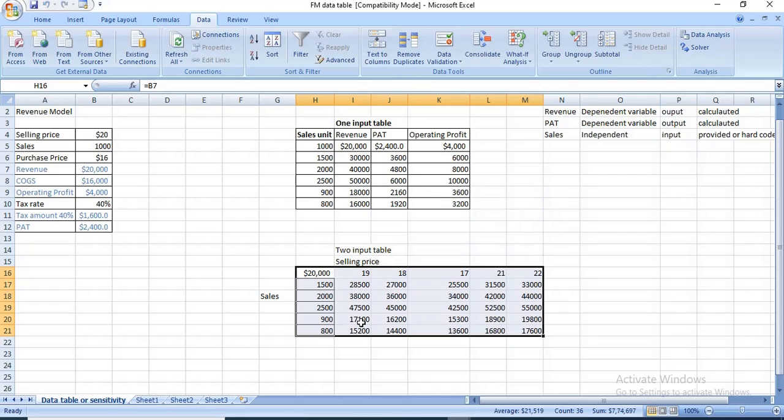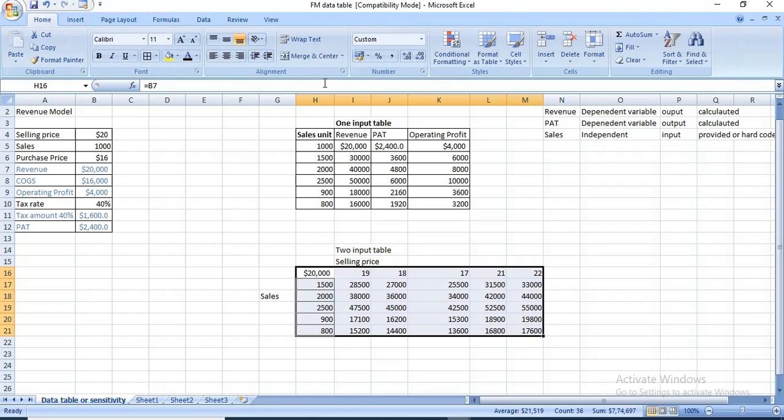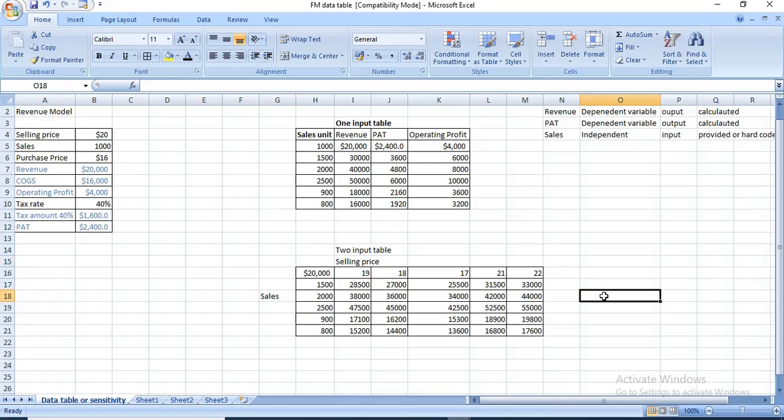Now click OK, you'll get the result. So this is how you are getting your different values here. This is how you can do sensitivity analysis of your data with a data table in just one click.